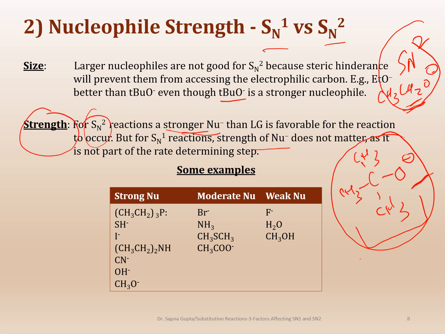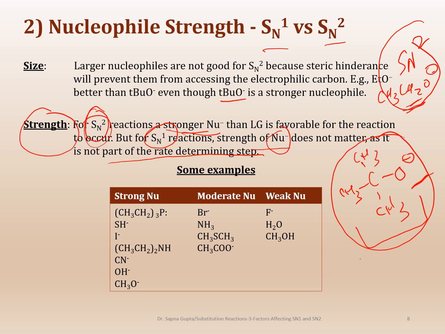So in SN1, the nucleophile was not even part of the rate determining step. So if it's not part of the rate determining step, you can have a weak nucleophile and get away with it. So in SN1, you can even see a lot more of the neutral nucleophiles, whereas in SN2, you will see the very traditional kind of nucleophiles.